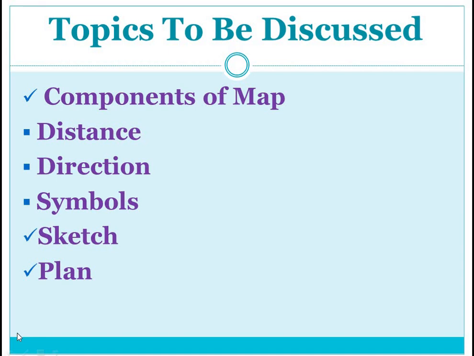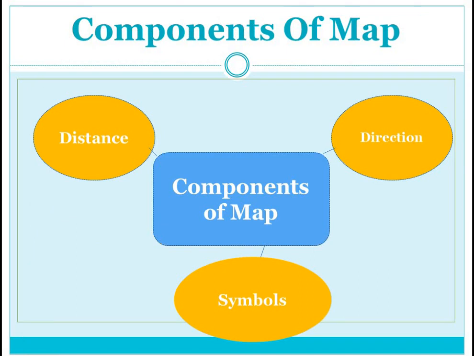Then we will take sketch, what does it mean, and plan. And we will also take how plan and globe, they are different from a map. So the topics to be discussed in today's lecture are components of map, sketch, plan. So let's start with the topics.